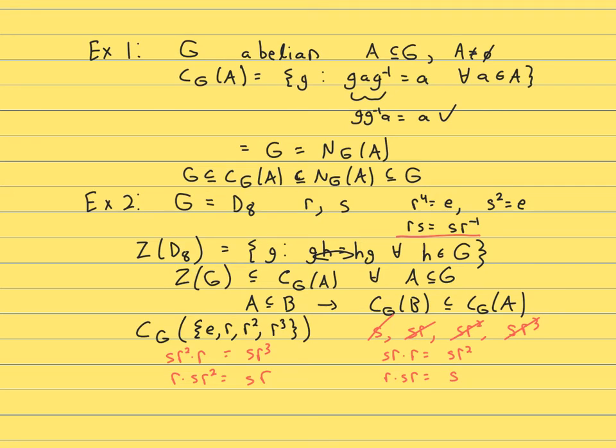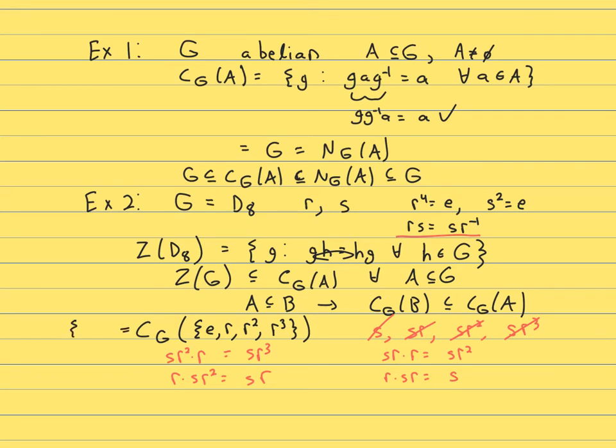So what is in the centralizer? Well, since A is in fact a subgroup and it's an abelian group, every element in A is going to be in the centralizer. In other words, every one of these rotations is going to commute with each other. And so we see at the very least E, R, R squared, and R cubed are all in the centralizer.